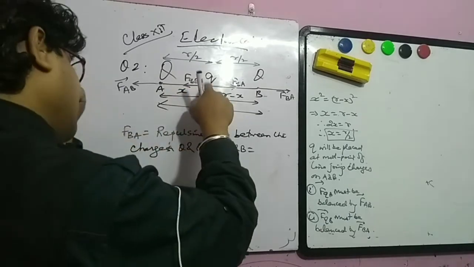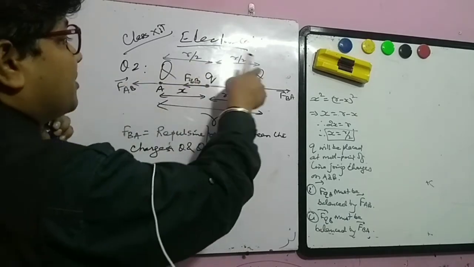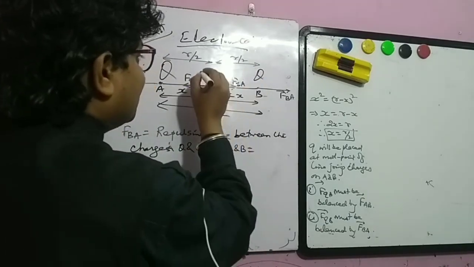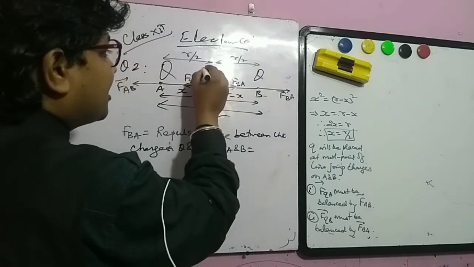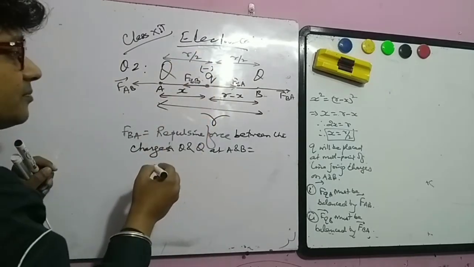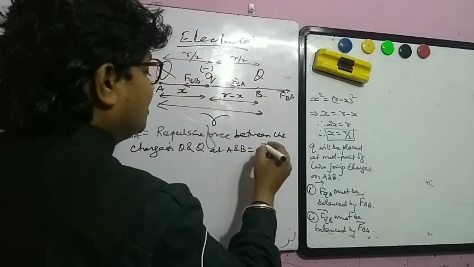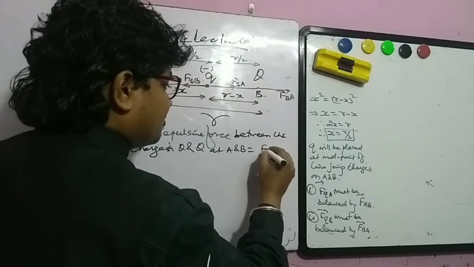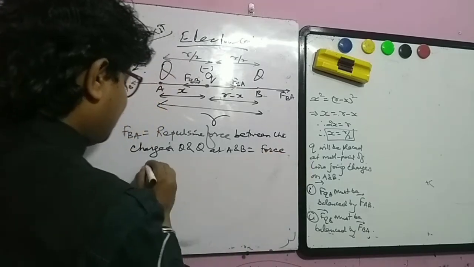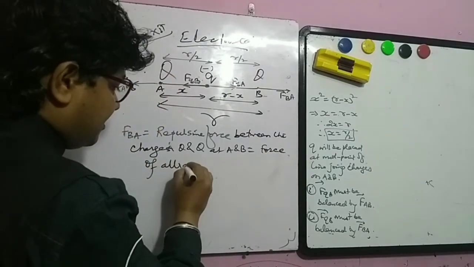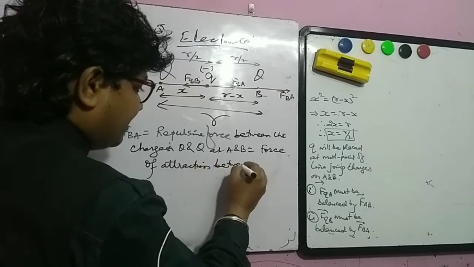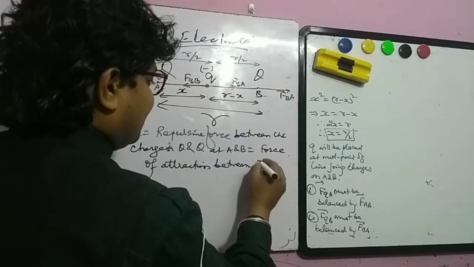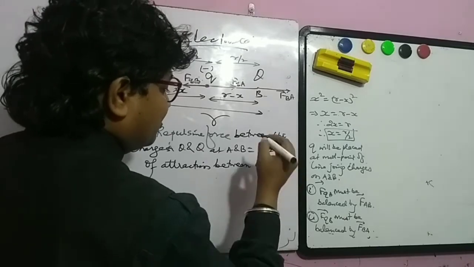अब क्या होगा, ये q की क्या होनी चाहिए, ये तो पॉजिटिव है, तो ये हमारा चार्ज निगेटिव होना चाहिए. अगर हमारे को बैलेंस करना है तो this charge must be negative, है ना, is equal to the force of attraction between Q and q.